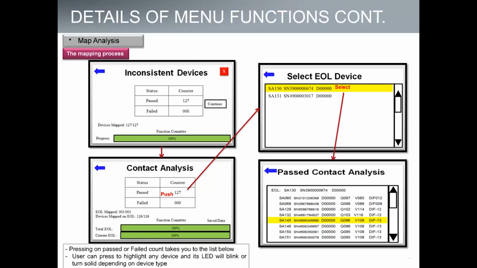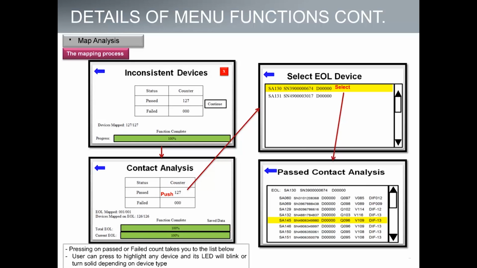The user should refer to the list of possible problems discussed in the A Review of Mapping section for further information. Contact analysis maps each end-of-line device and measures the current through each device on that line.